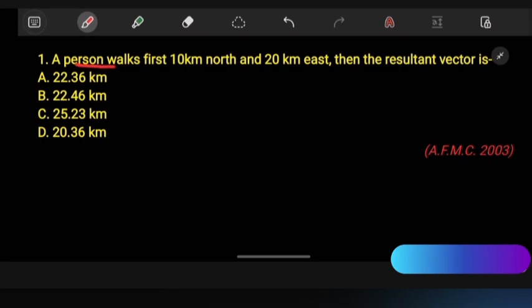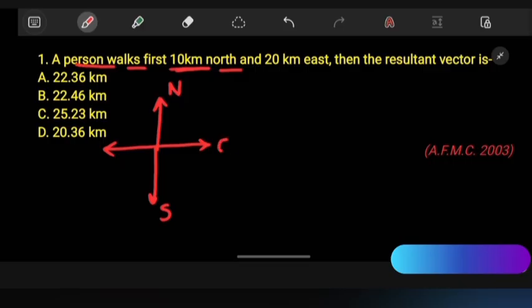A person walks first 10 km north. So if this is our direction, suppose this is north, this is south, this is east and this is west, and this is the starting point. Okay.